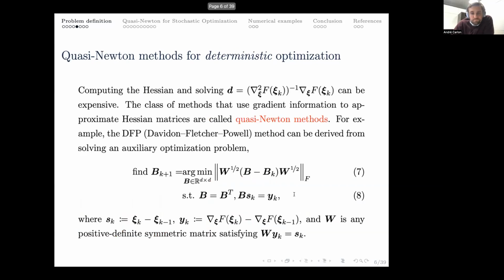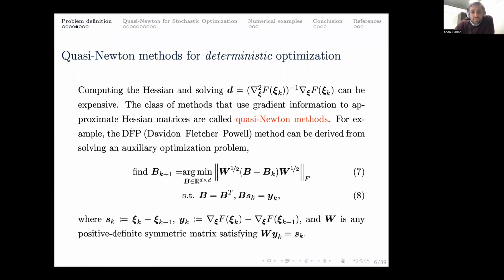Okay, computing here D that I'm defining as the Newton step could be expensive, complicated. So in the deterministic case, it's very common for people to use the quasi-Newton methods, where we use gradient information that we have available and cheap to compute to approximate these Hessian matrices.